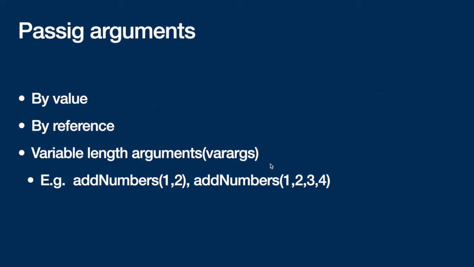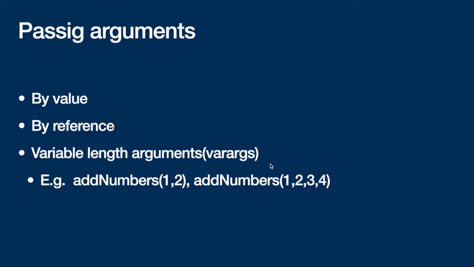And when we call methods, we pass arguments by value or reference. And when we say by value, that means the value of the argument is copied, but the value of the original variable will not be changed.